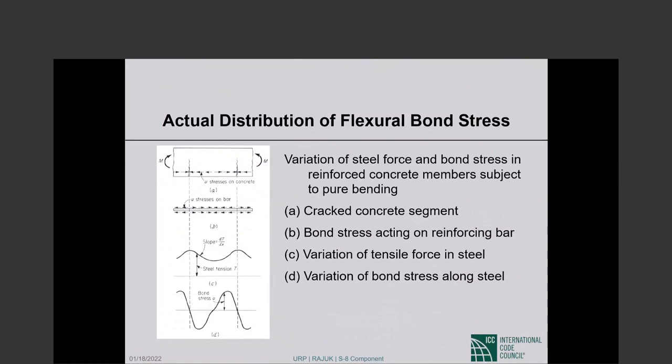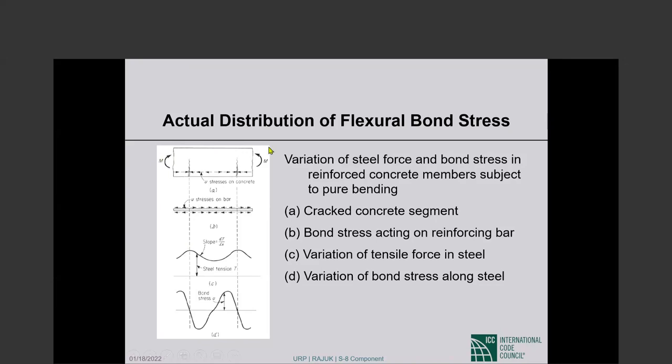Now, variation of steel force and bond stress in reinforced concrete members subject to pure bending. That's what we are looking at in this picture. The first picture shows you a cracked concrete segment.